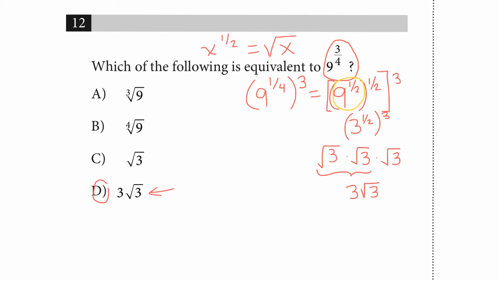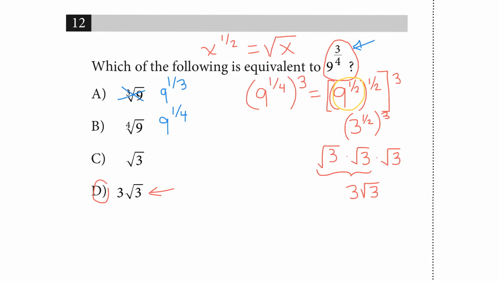Now just to review the other answers, answer A is 9 to the 1/3 power. Well, we had 9 to the 3/4 power. 3/4 is not equal to 1/3, so there's no way this could be right. And this one is 9 to the 1/4 power. 4th root is 1/4. And the question was, what is 9 to the 3/4?